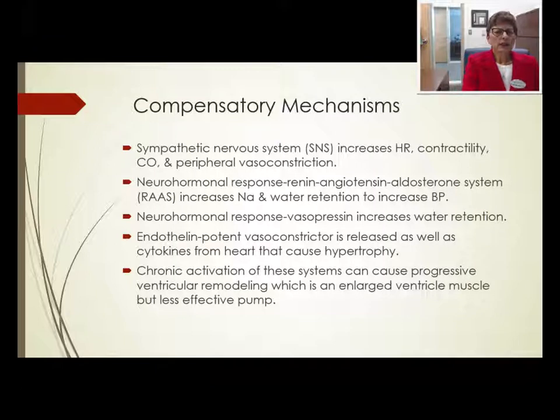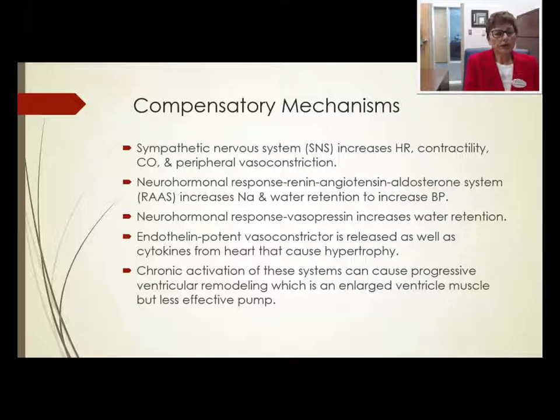Our body is trying to compensate all the time. The sympathetic nervous system, and you'll see me write it as SNS, increases the heart rate, increases contractility, tries to increase cardiac output, and causes vasoconstriction, which again will raise the peripheral resistance. That's what it's trying to do to counteract the low cardiac output.